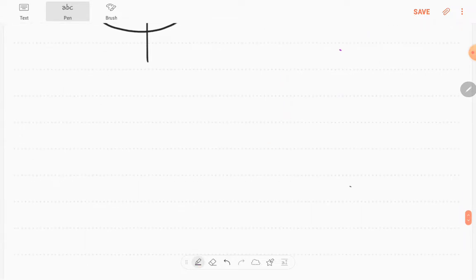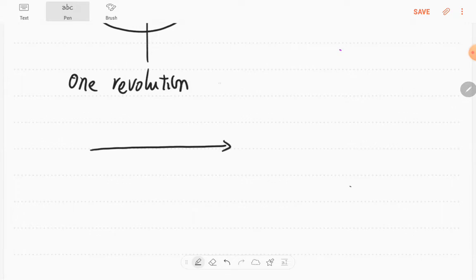Now let's define how many radians are in 1 revolution. We want to know how many radians.